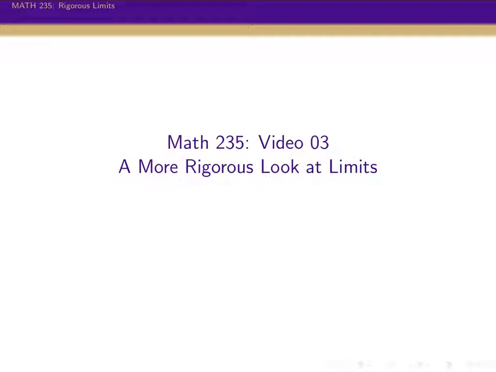mathematicians started feeling that we needed something with a little bit more humph, a little bit more weight to it, something a little bit more precise in terms of how to think about limits. I mean, this is the general view of mathematics. When you give a statement in mathematics, it should be something that you can clearly verify.